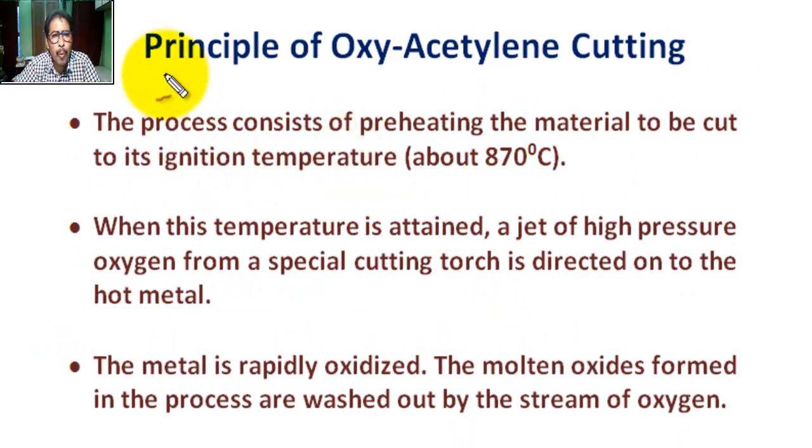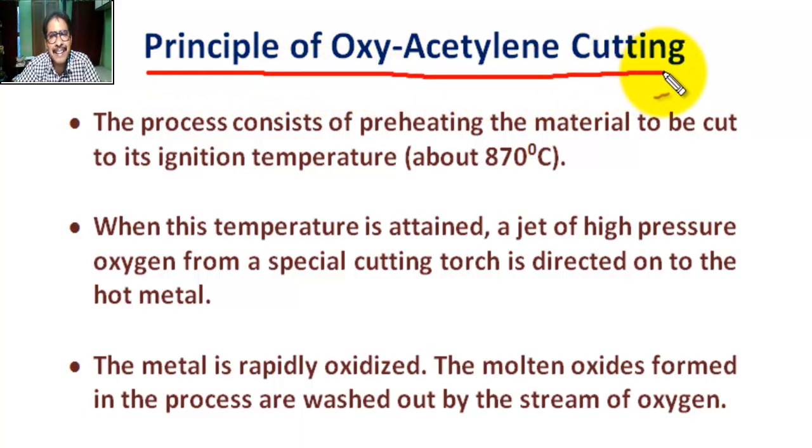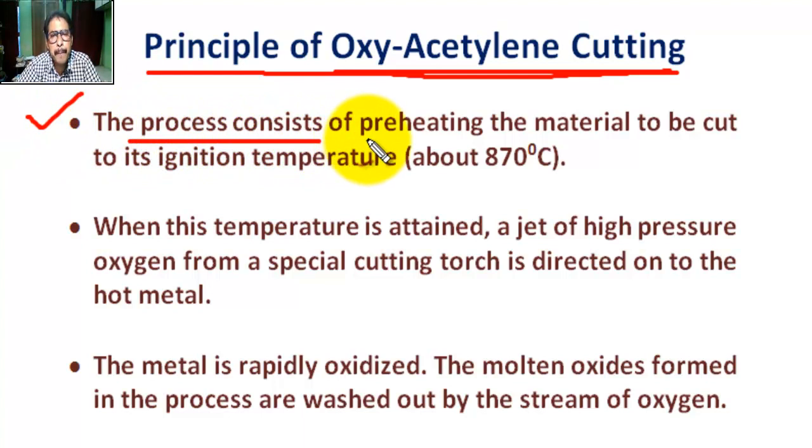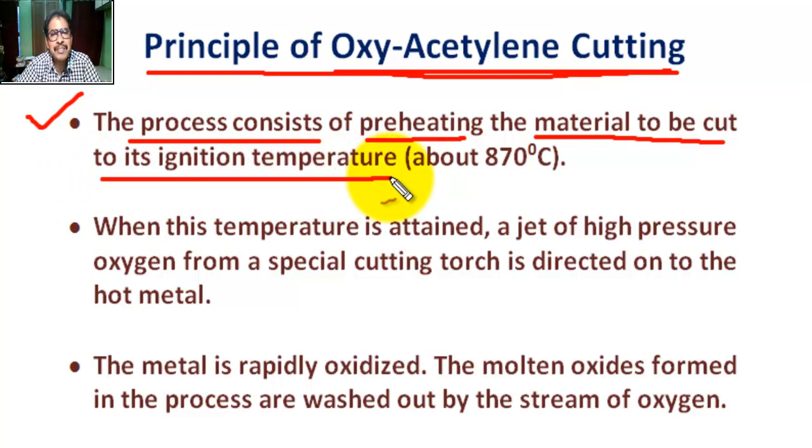Now, what is the principle of oxy-acetylene gas cutting? The process consists of preheating the material to be cut to its ignition temperature, that is about 870 degrees centigrade.